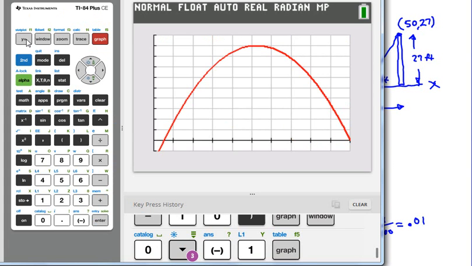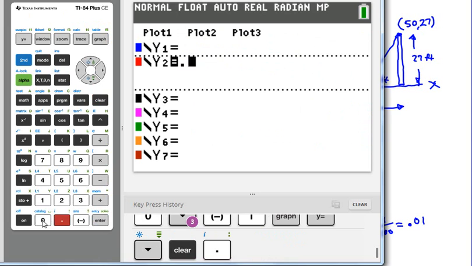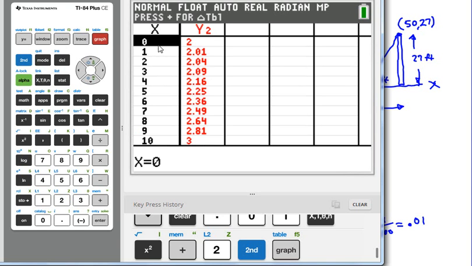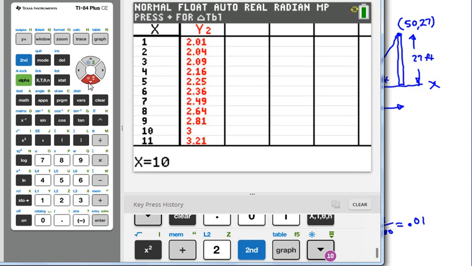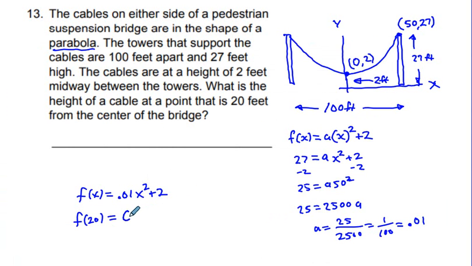I'm going to put it right here like this, 0.01 x squared plus 2, and then see what we have. We can look at the table view. If we go to second graph, we have right here where x equals 0, we have 2. And then we go down to x equals 20, we have y equals 6. So our answer to the question will say 6 feet.